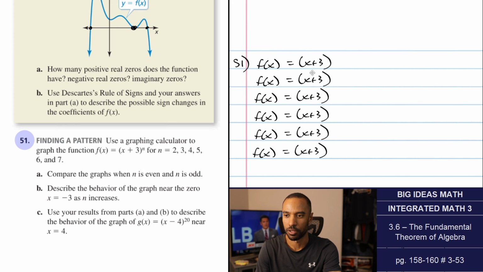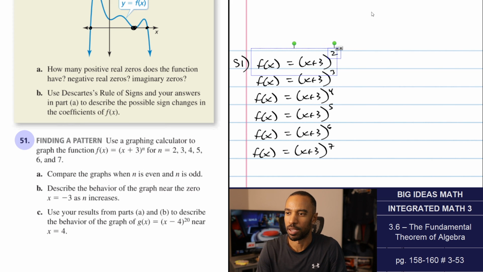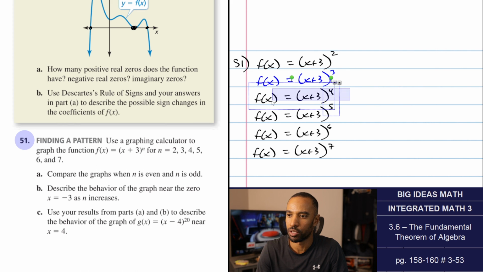I probably want multiple colors, 2, 3, 4, 5, 6, 7. And I suppose each one could probably be its own color. Basically, a lot of me just playing with my computer right now before we move on to the next set. So let's make this one blue, make this one green.